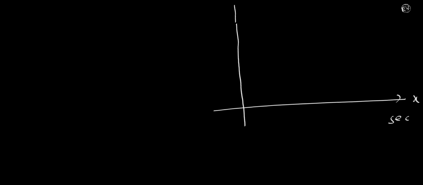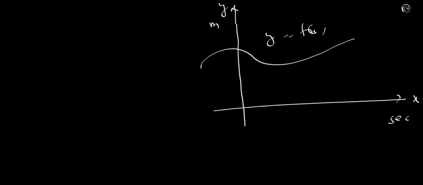This y-axis is a distance axis, and this is my graph. The curve is like this: y equal to f(x). At beginning is a, and this is f of a, and the final limit is b, and it is f of b.